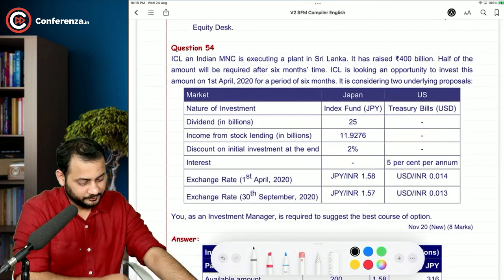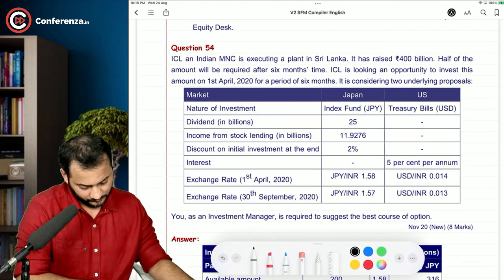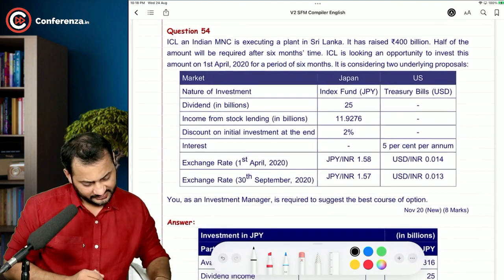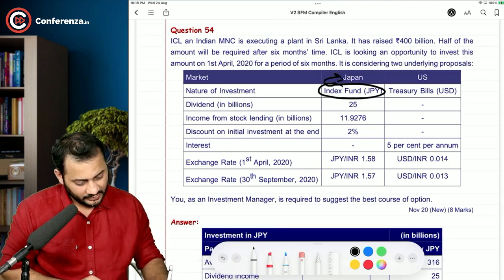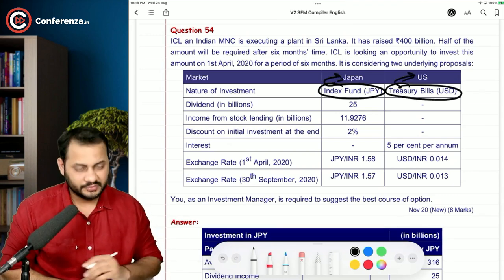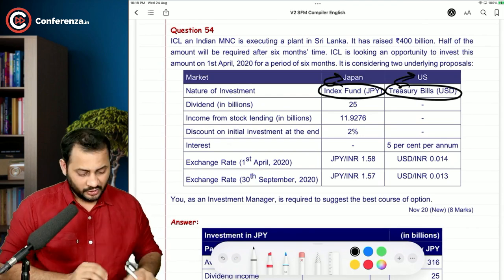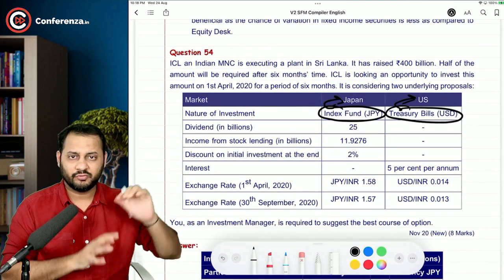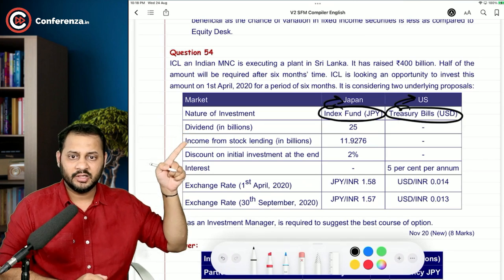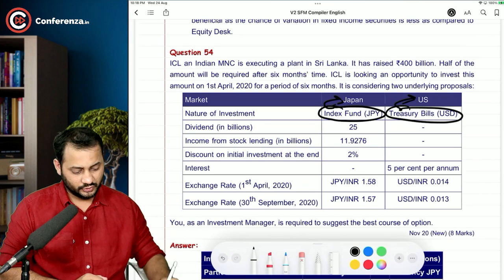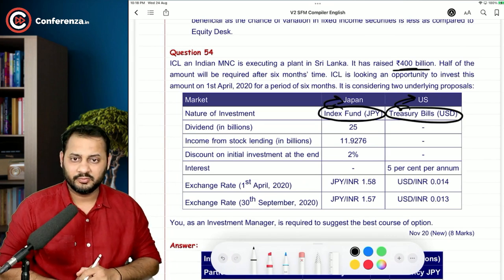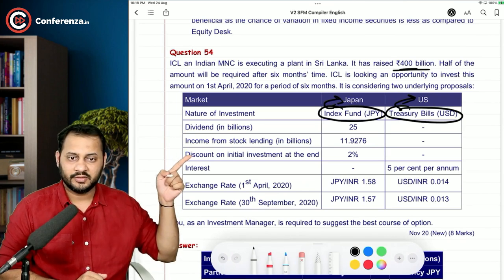Question number 54. I think this is the same question. Index fund of Japan and treasury bills of US. Exactly the same. You are going to receive the dividend. The format is different: dividend, income from stock lending, and the discount on initial investment. So once you convert the 400 billion, it will be like this.